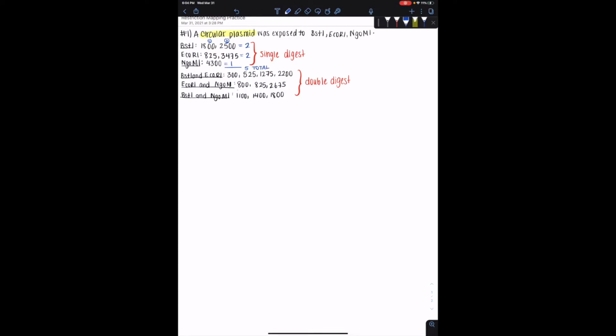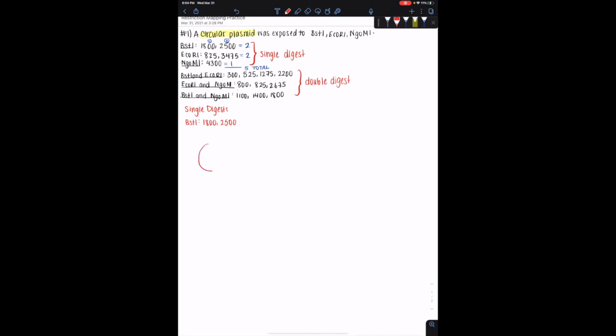So let's first make the single digest of BstI. The two fragment sizes we have are 1800 and 2500.